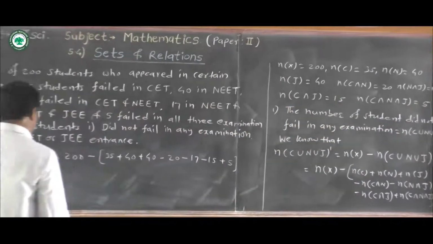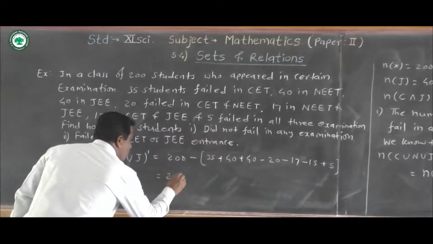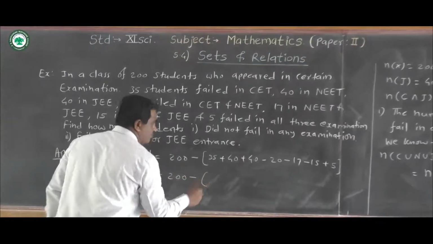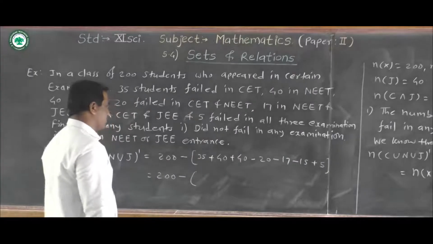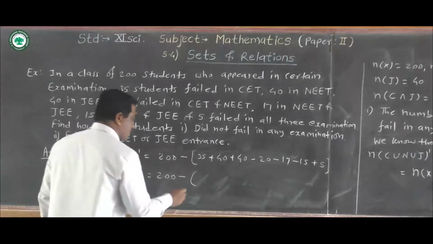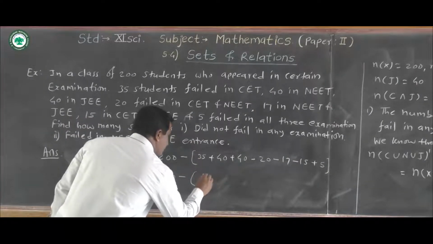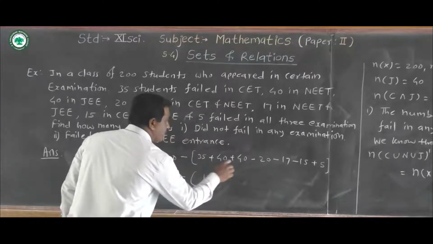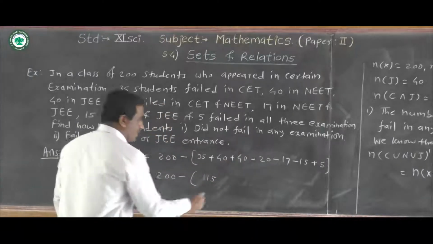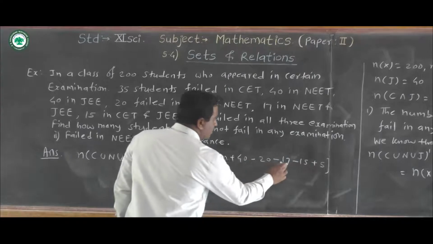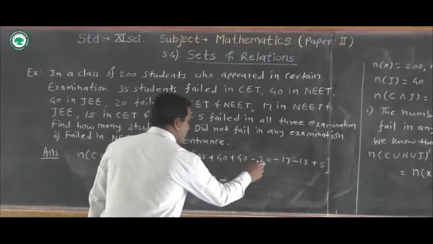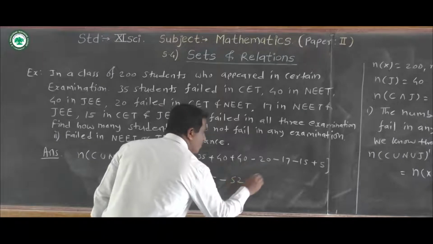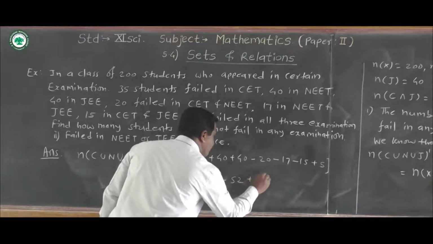Now simplifying this, we can write 200 minus, 40 plus 40 is 80, 80 plus 35 is 115, minus 17 plus 15 is 32, 32 plus 20 is 52, plus 5.